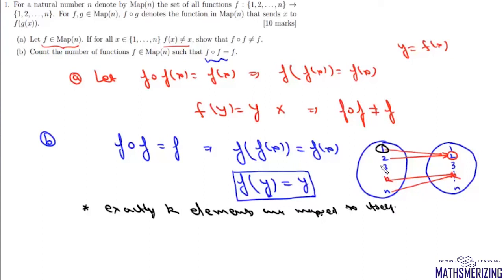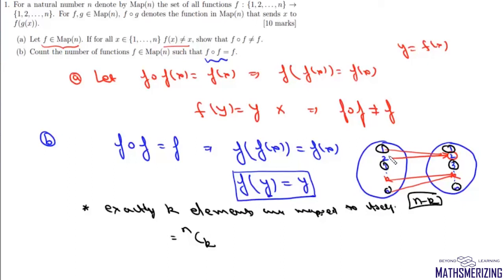So first we'll need to select which k elements. From these n we need to select k elements, and it can be done in nCk ways. Now once we have selected these k elements which are mapped to themselves, we have the remaining n minus k elements, and each of these elements can be mapped to any of these k elements.